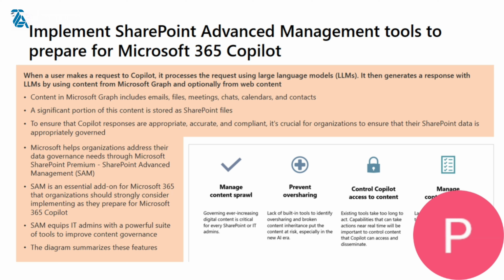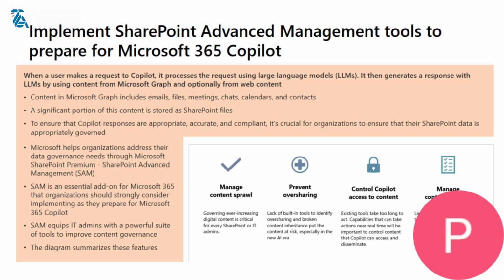So when a request is made to Copilot to access a huge amount of content within Microsoft Graph, what does it include? Data is present everywhere, especially emails, files, meetings, chats, calendars, contacts, right? So we can fetch information from everywhere.